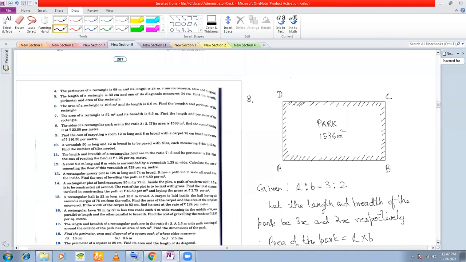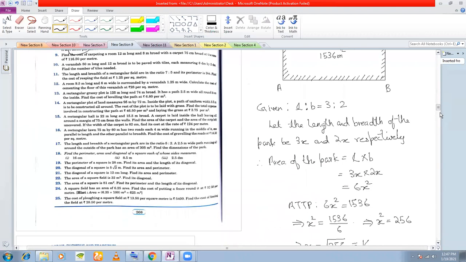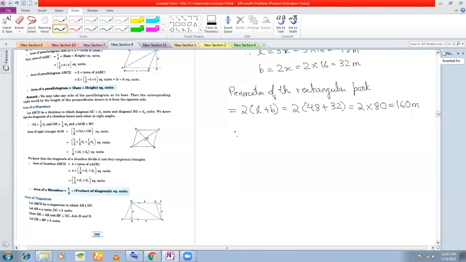Now you need to put the fencing here. All the fencing needs to be done on all four sides of the rectangle. And what is the cost given? Cost of the fencing is given to be 23.5 per meter. So 1 meter of fencing costs rupees 23.5.